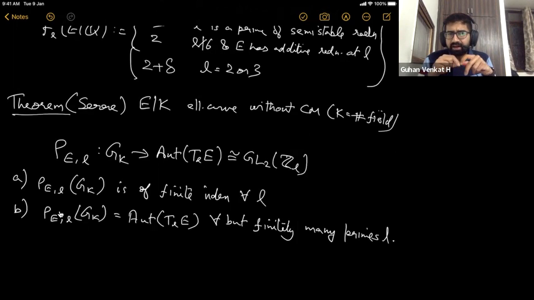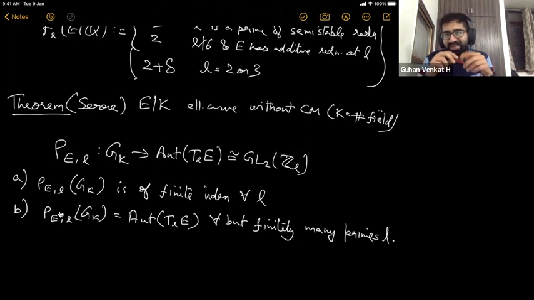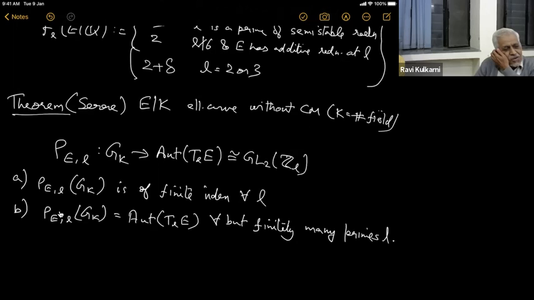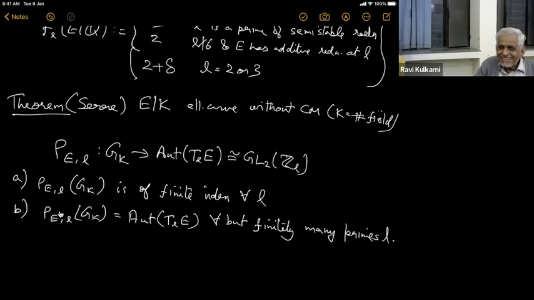Mazur has a characterization of what the torsion part is, the points of finite order. But the only real points of finite order are just Z/2, I guess. That's why you don't mention this. Yes, it's just that one.